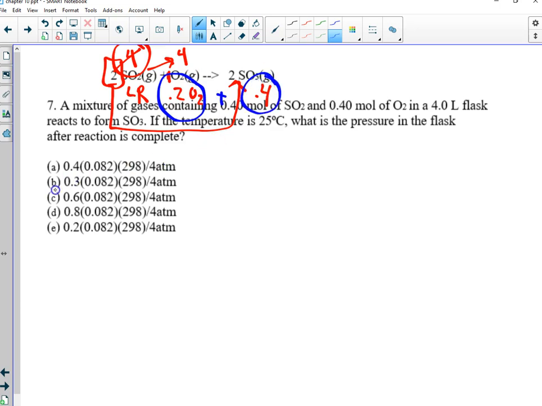So we're looking for the one that has 0.6 because everything else is a constant, right? So how many were successful with that problem? It's tricky. We got 4, 5. All right. It is a little bit hard. But hopefully the concept is something you're okay with.